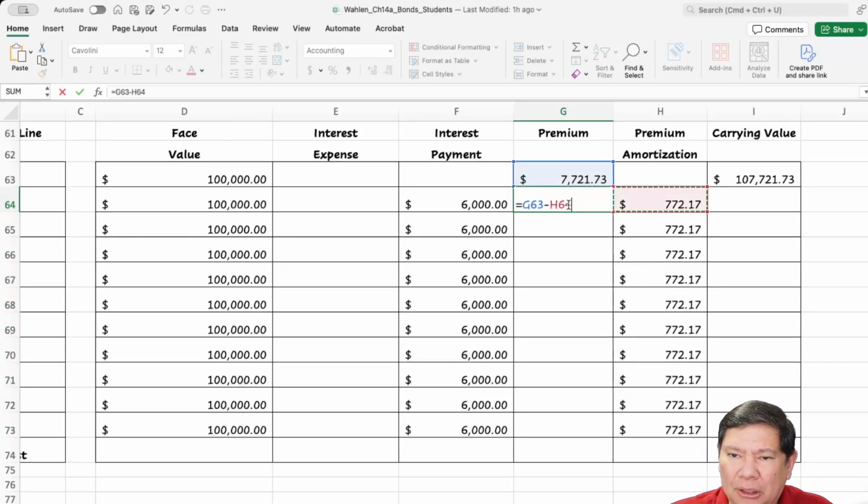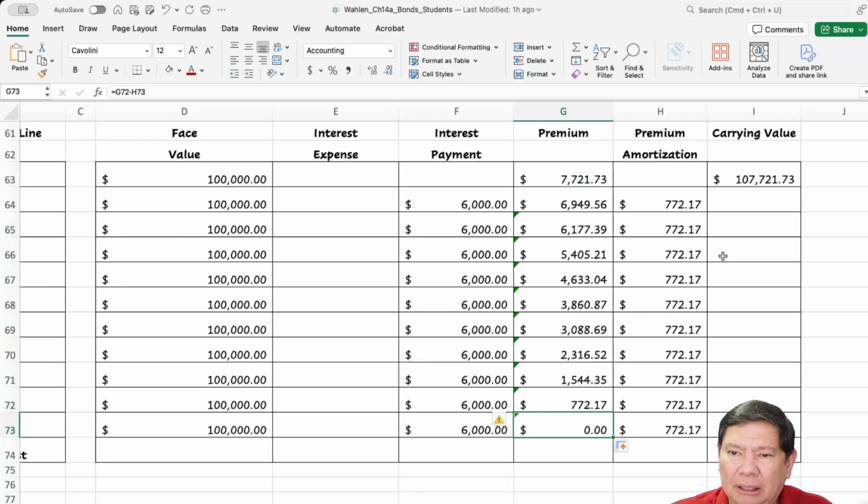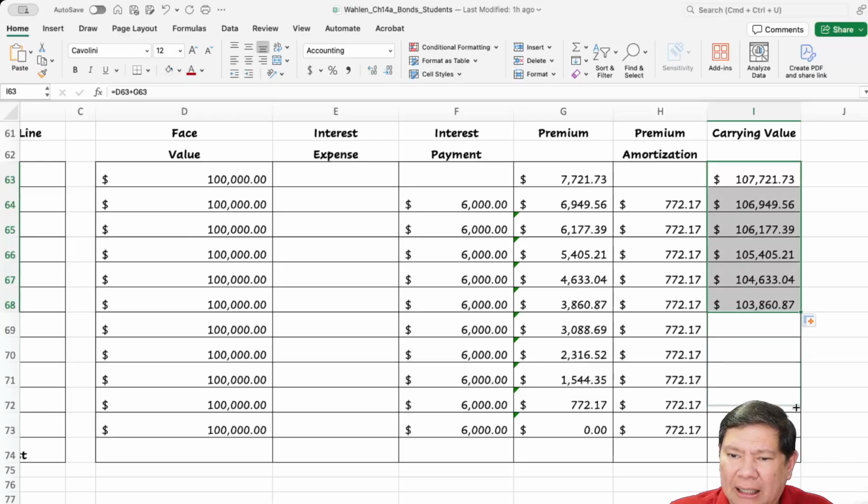That means it goes down with every amortization until it gets to 0. And the carrying value will go down until it gets to 100,000, the face value. So at maturity, the bonds will go back to 100,000, and that's the amount that the company has to pay.